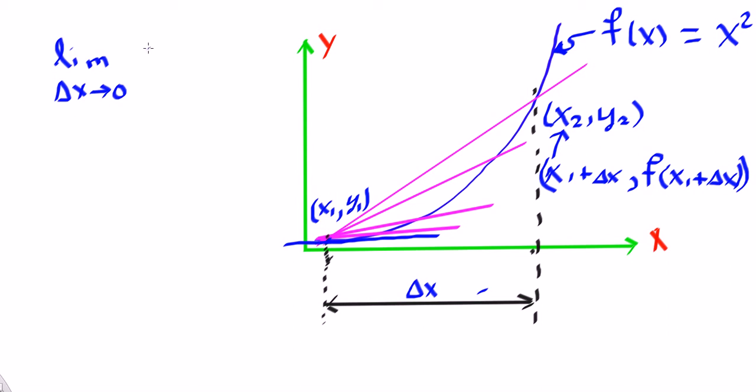What we would have, y2 is no longer y2 but rather f of x1 plus delta x minus what? Minus this here, right?